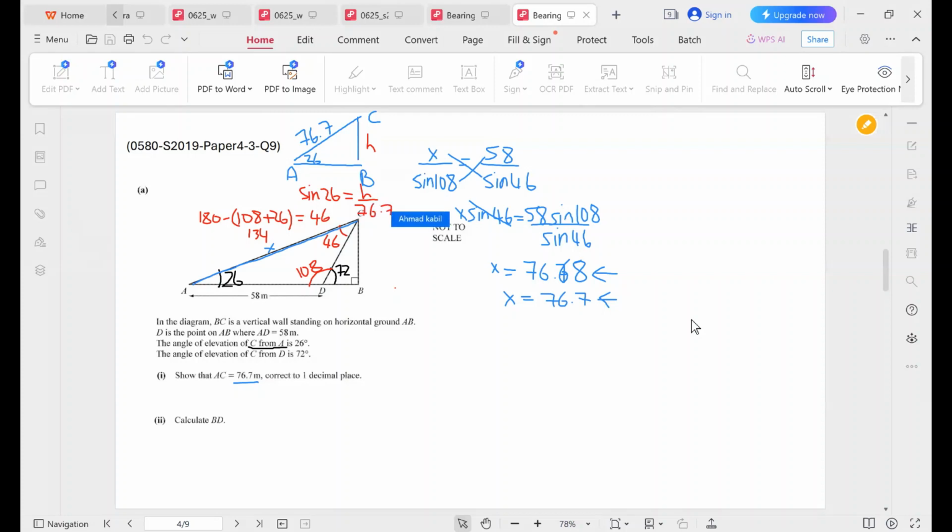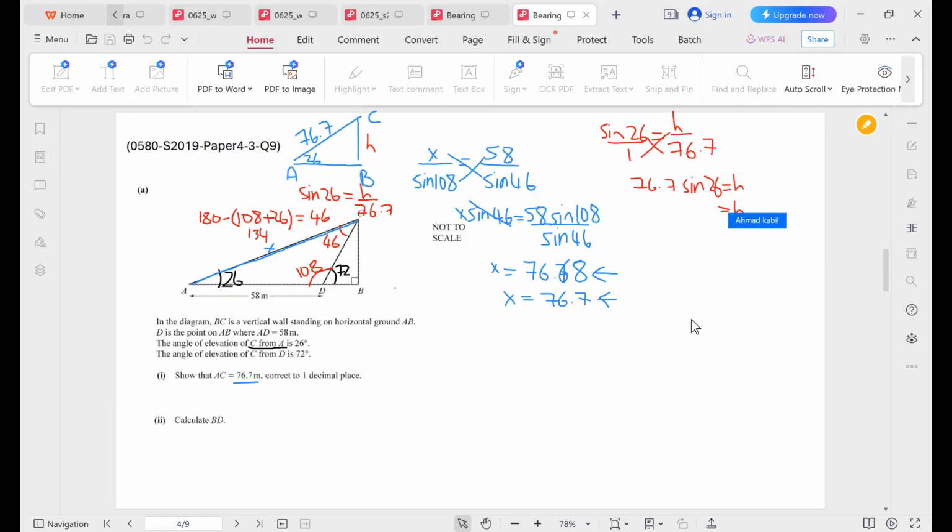So let's figure this out. I'm sorry for the lack of space. I'm just going to rewrite it on the right. So we said that sine 26 equals h over 76.7. We cross multiply. We get 76.7 sine 26 equals h.